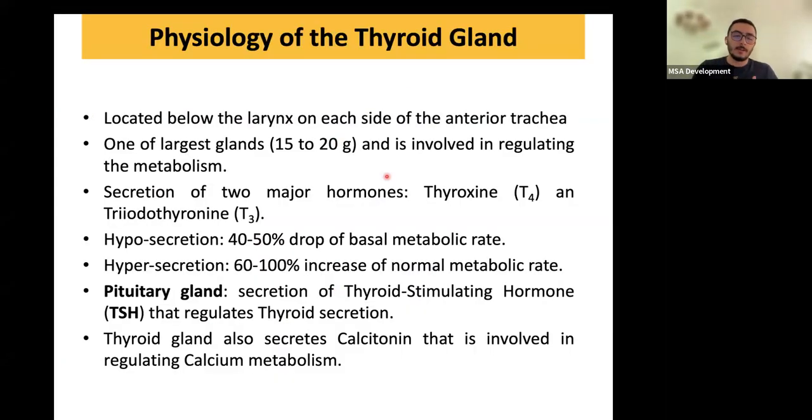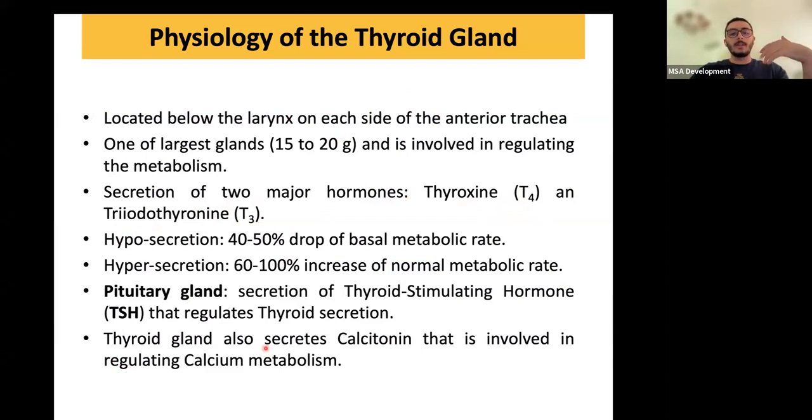Physiology of the thyroid gland. A quick brief: the thyroid gland secretes thyroid hormone, which is T3 and T4, triiodothyronine and thyroxine.